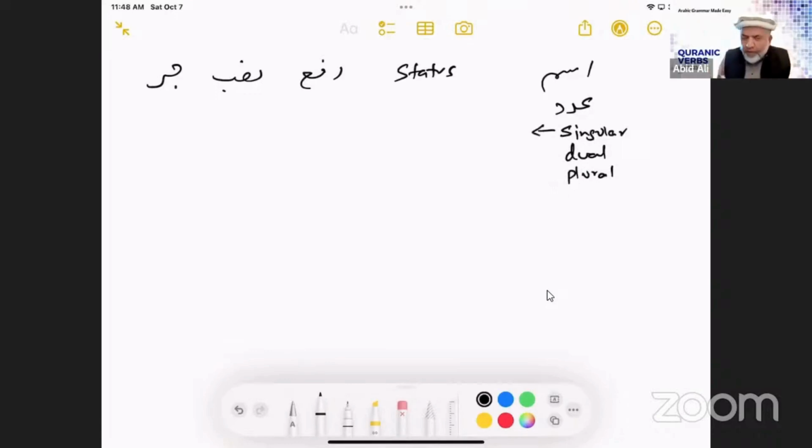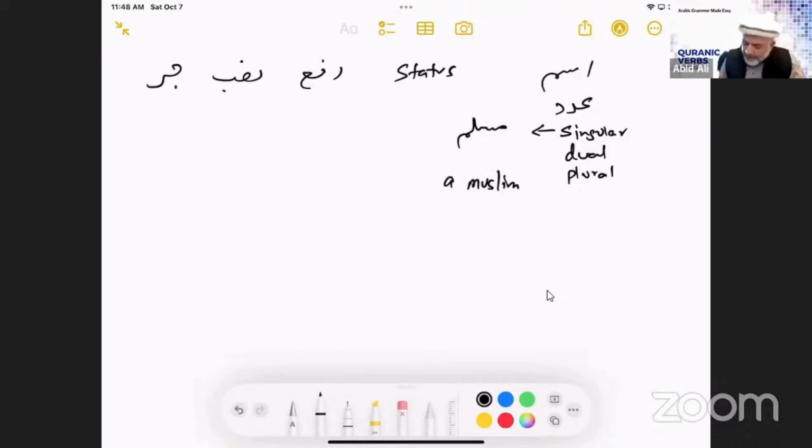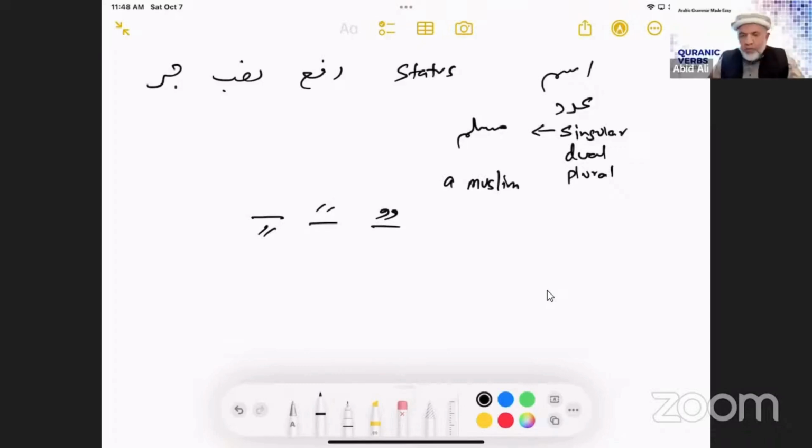When you have a singular noun, for example, Muslim, meaning a Muslim, is it singular? Yes. How many harakat do we have? We have dammatan, fathatan, and kasratan. For the singular nouns, the rule is that Rafa will be Muslimun.